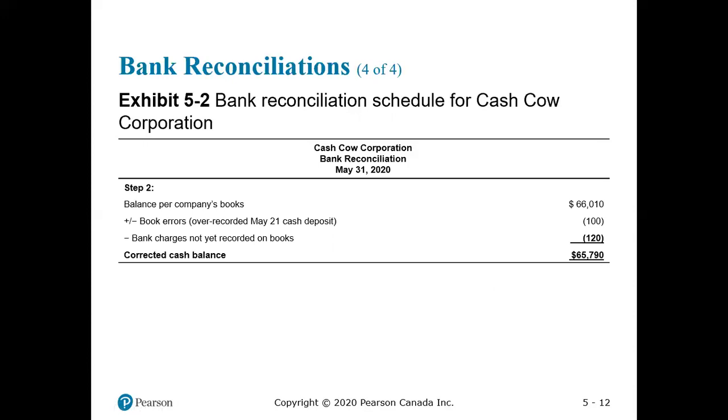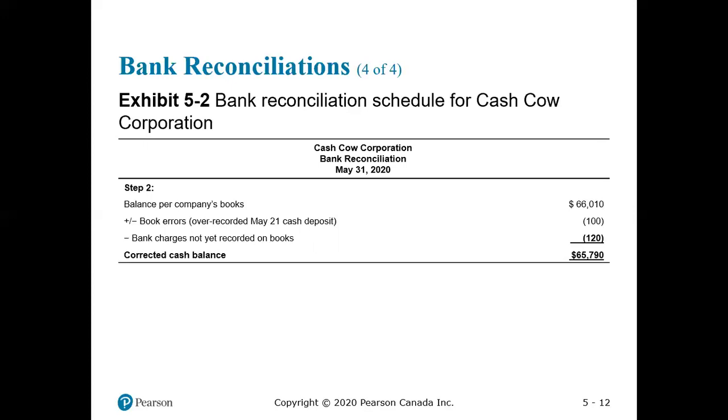And then on the bank statement, there was also some bank charges, and those hadn't yet been recorded in the general ledger, so again, those need to be subtracted. So the corrected cash balance for step number 2 is $65,790, and that ties to the corrected balance that we did in step 1 as well.